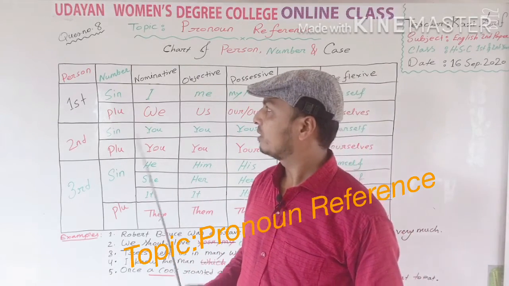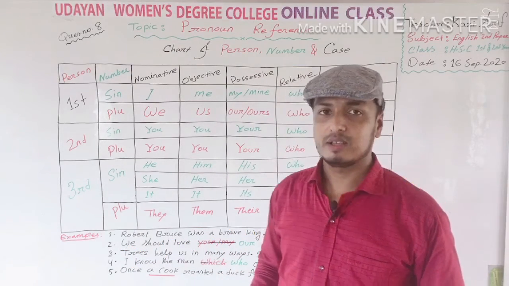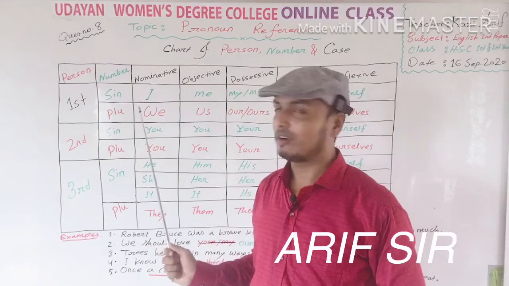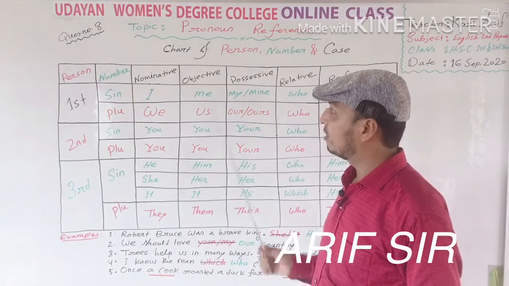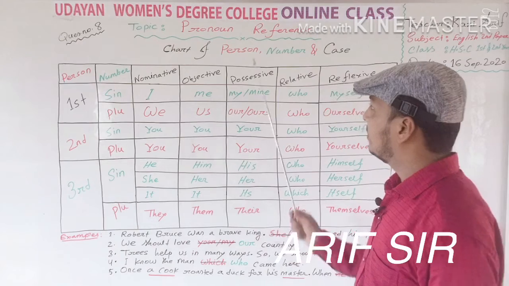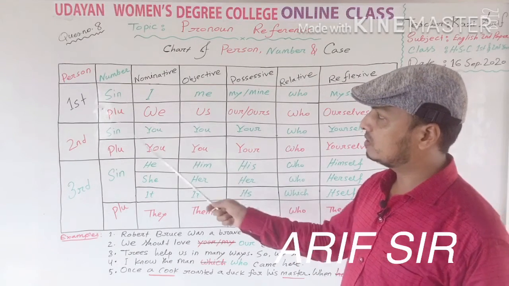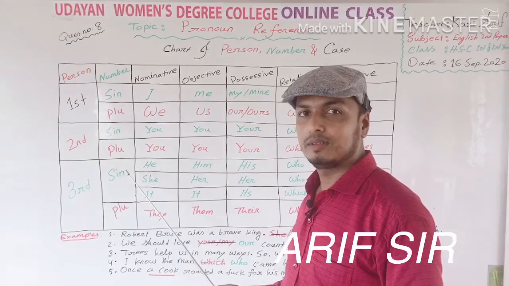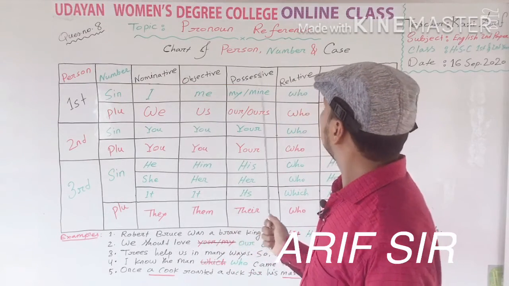Before going to practice, we have to follow the chart, because the chart is very important for solving pronoun reference. Look at the chart. Number, person, number and case. We know that person is of three kinds: first, second, third. And you also have to know the case.